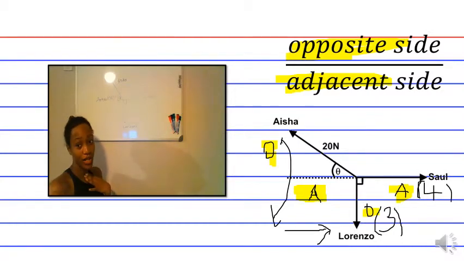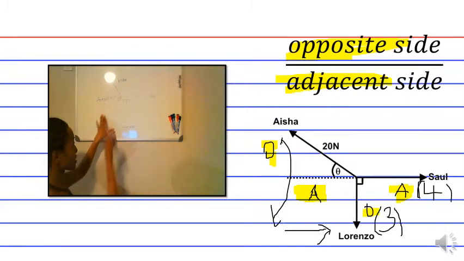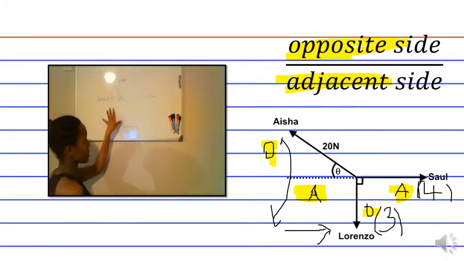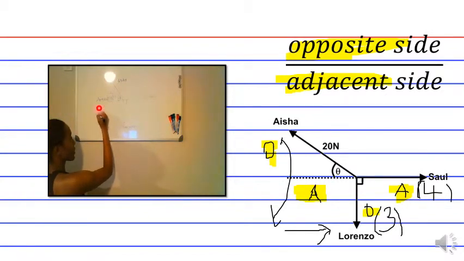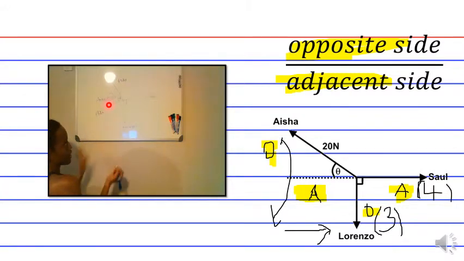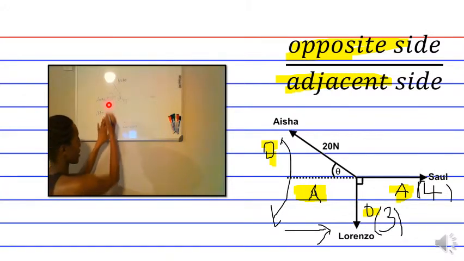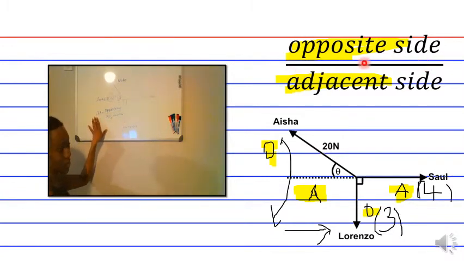Theta equals the arctan of 1.33 is a very special value because the arctan of whatever value is within the parentheses represents the magnitude of the opposite side over the adjacent side.